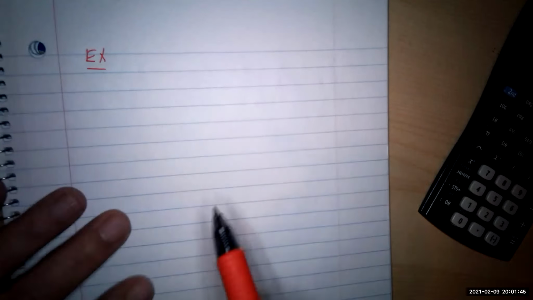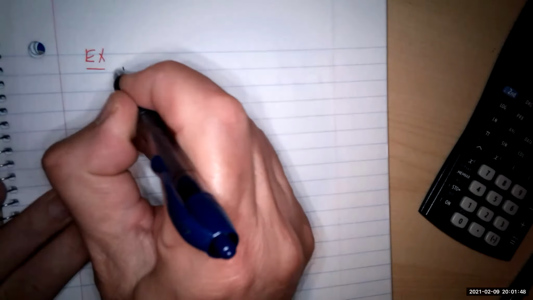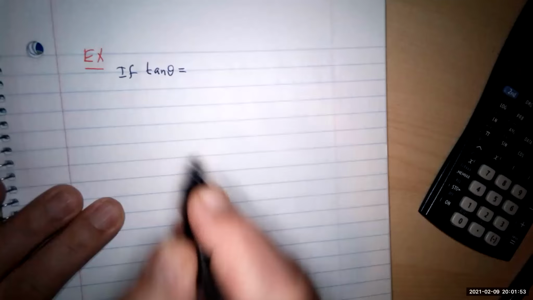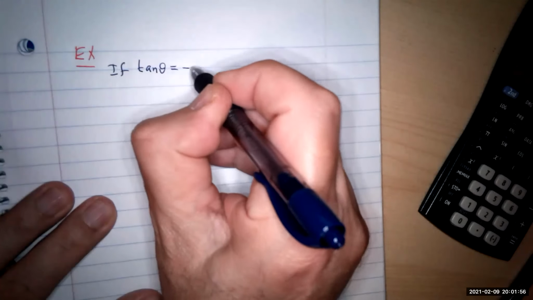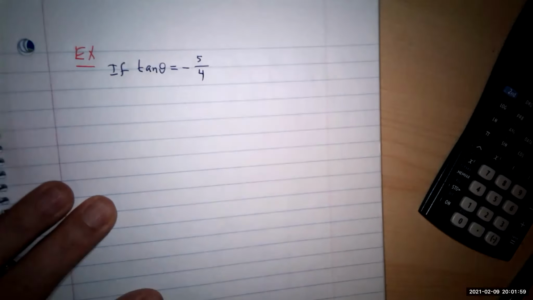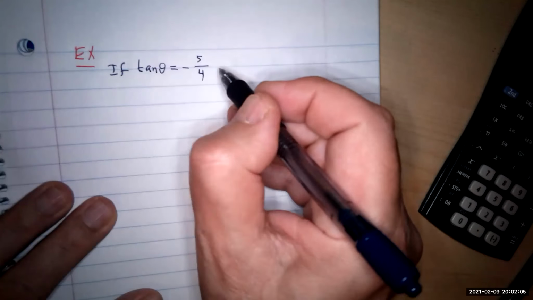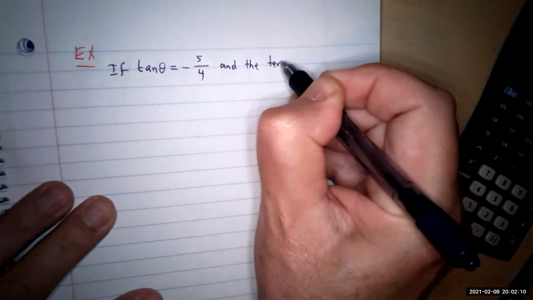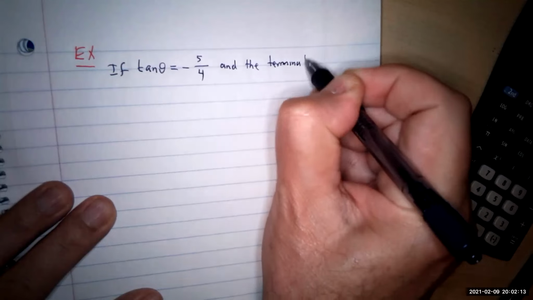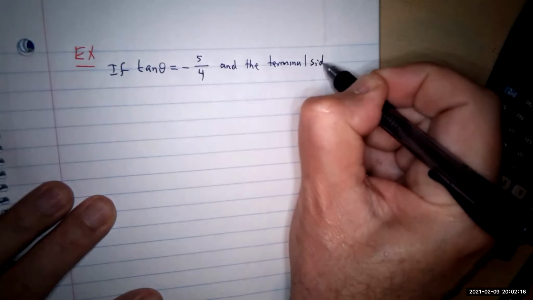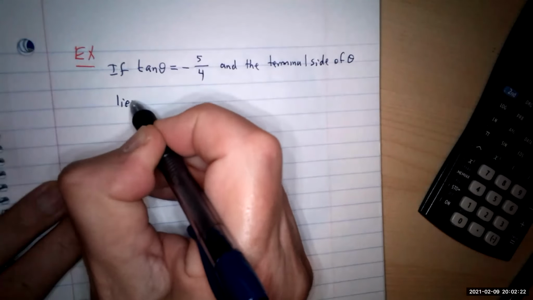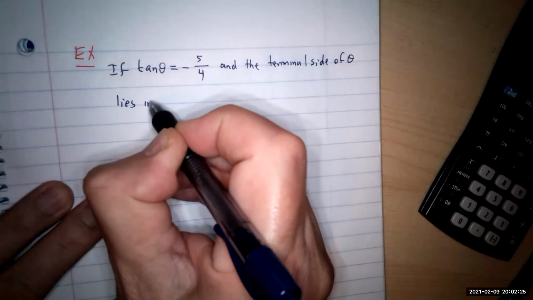Again, I give you the tangent because the tangent is more involved. They give you the tangent, which is -5/4. Okay, this is it. And they tell you the terminal side of the angle lies in the 4th quadrant.